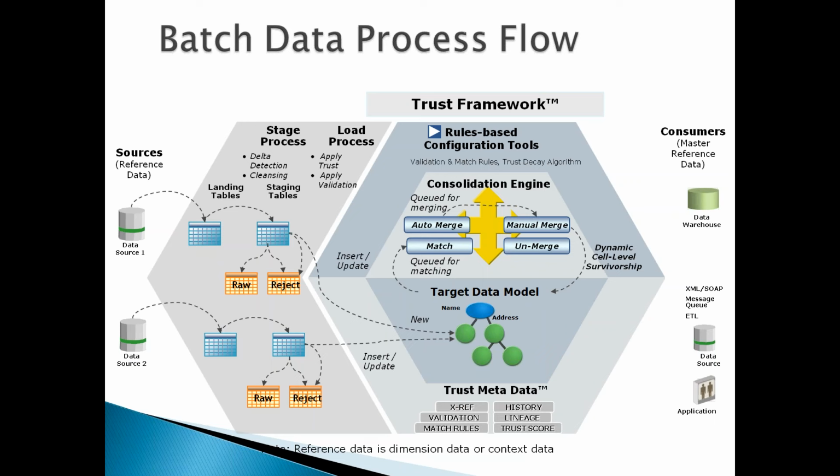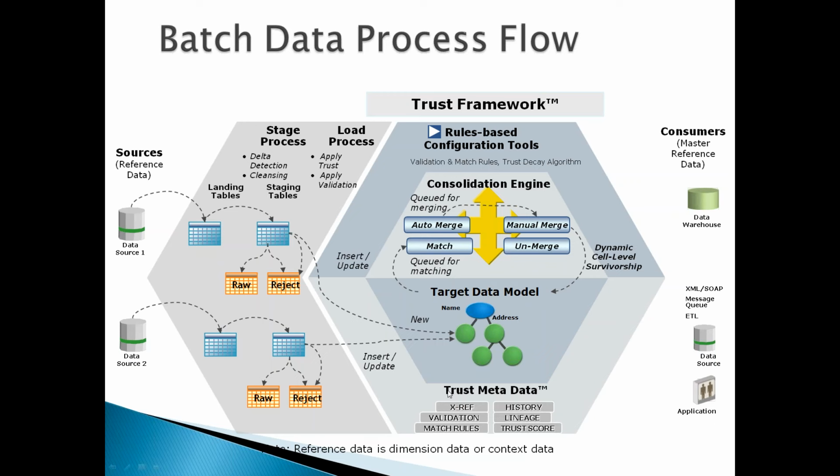For example, the data steward identifies that two records are duplicates and they have to merge. So he will merge those two records. In my target data model, or the final table, I will have only one record, because initially when I loaded the data I had two records, but when I merged them into a single record, I will have only one record in my base object.